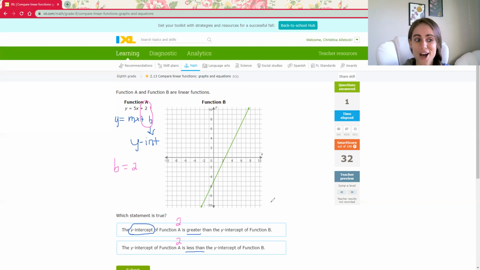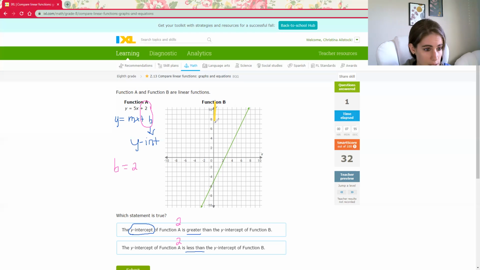For function B, we need to find the y-intercept from the graph. The definition of a y-intercept is it's intercepting, it's crossing through our y-axis. So I'm going to highlight the y-axis right here.